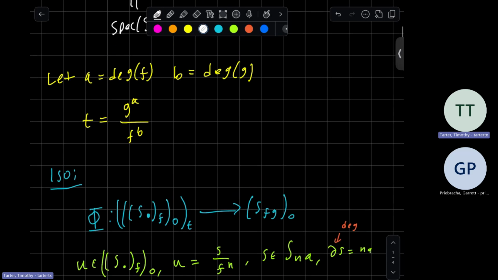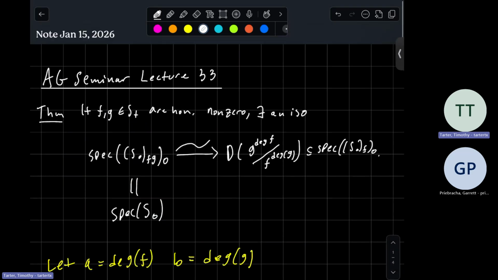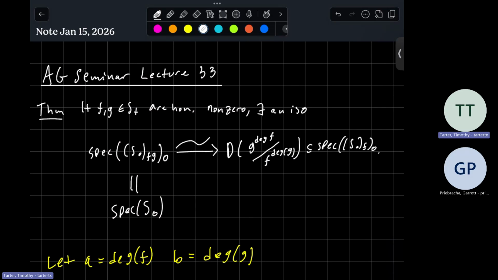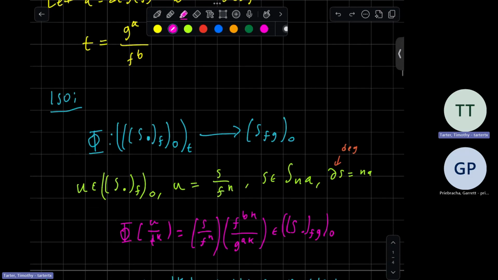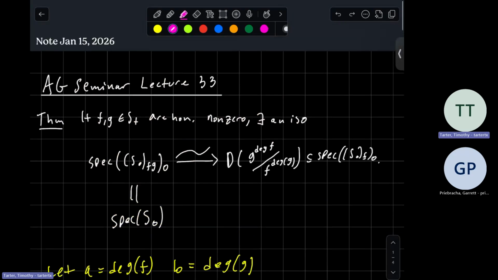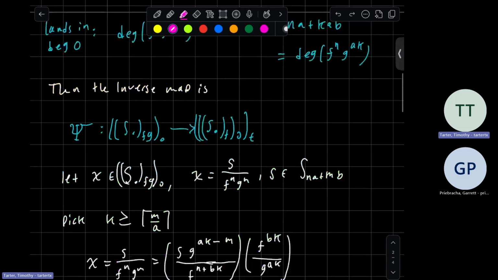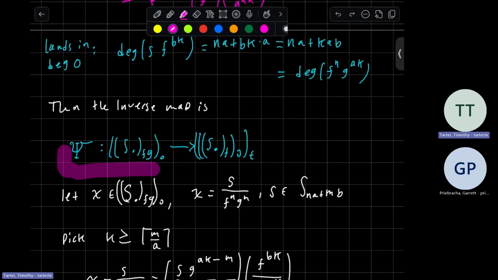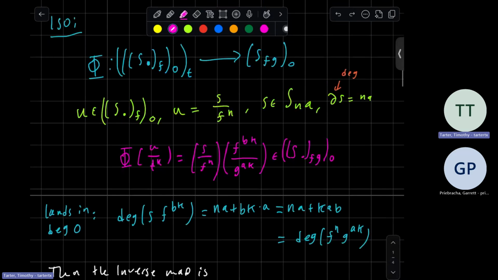Okay, so if we let t be the quotient that's going on here, then we want to have this map as constructed as the first side of the map, and then we want to construct a second side of the map that is an inverse to that. The first map is a little easier. If we just pick an arbitrary u in this thing, then it's going to look like this.